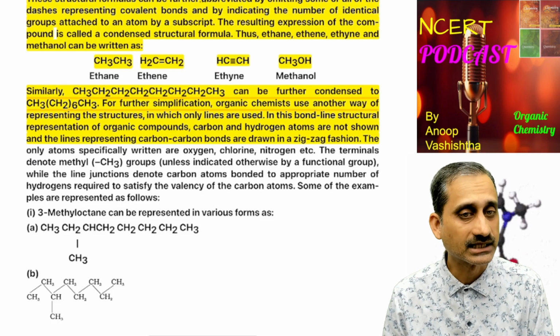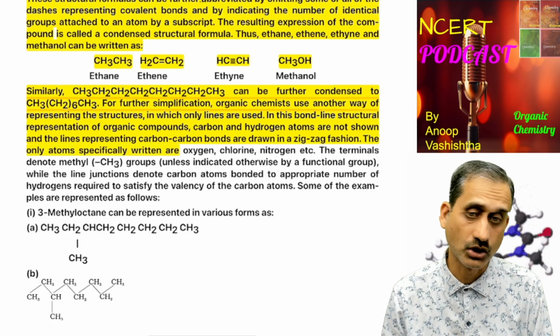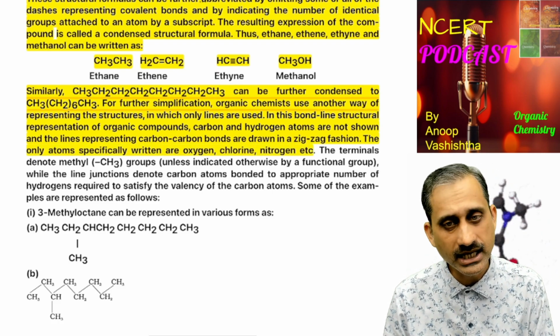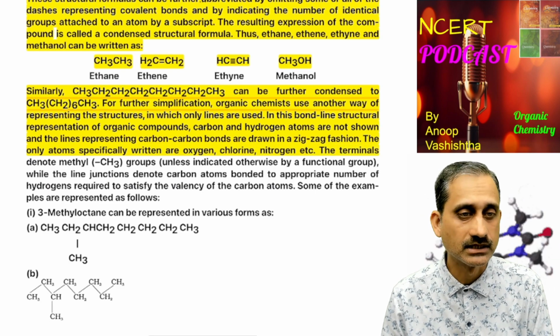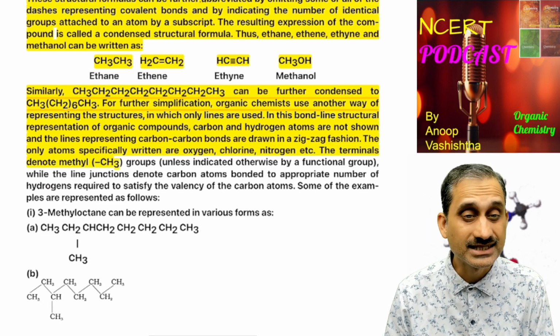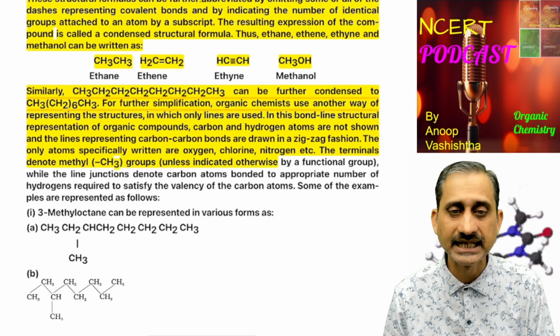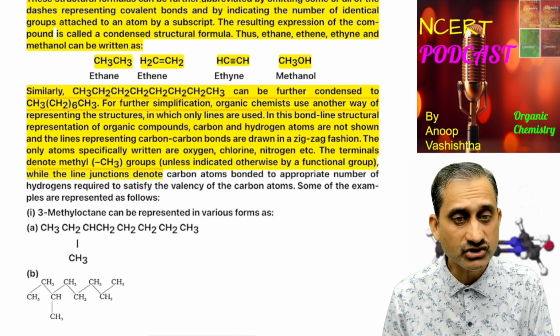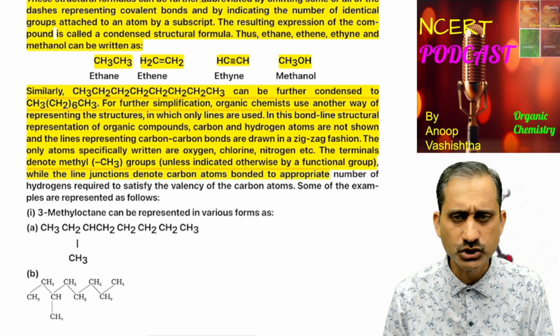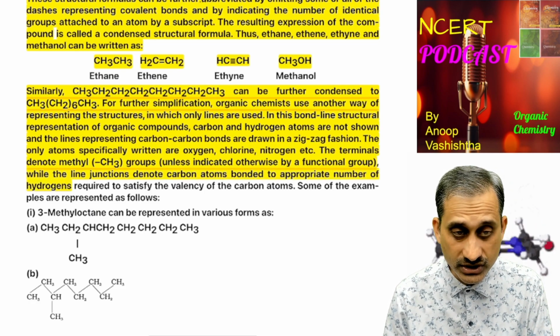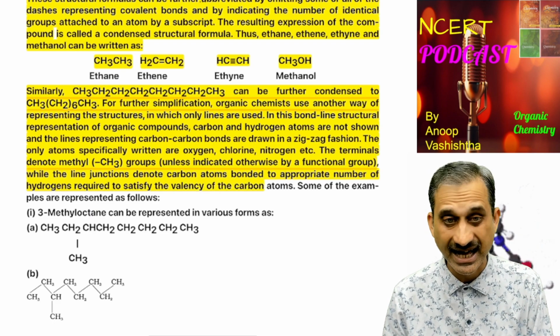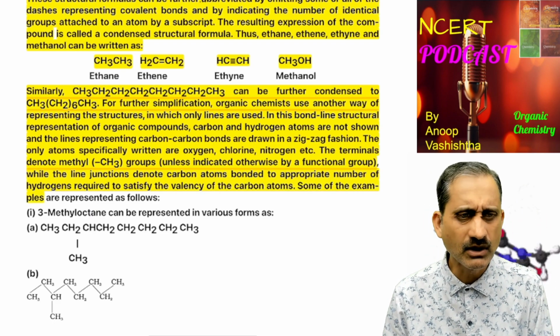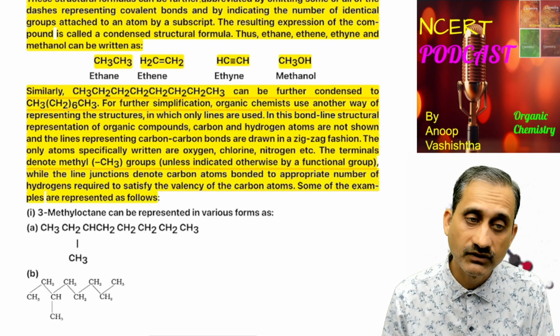The only atoms specifically written are oxygen, chlorine, nitrogen, etc. The terminals denote methyl (CH3) groups unless indicated otherwise by a functional group, while the line junctions denote carbon atoms bonded to the appropriate number of hydrogens required to satisfy the valency of carbon atoms. Some of the examples are represented as follows.